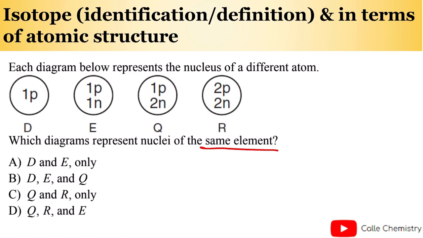So D, E, and Q, they all have 1 proton. Now, do they have different number of neutrons? I'm going to check. D has 0, E has 1, and Q has 2. So they do all have different number of neutrons. So my answer would include D, E, and Q.